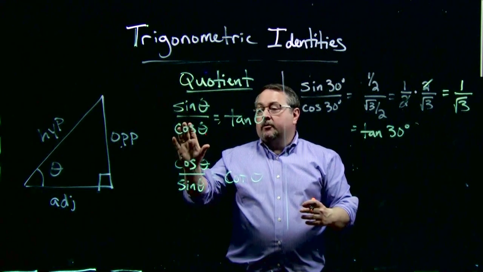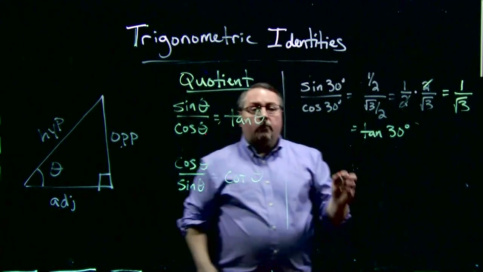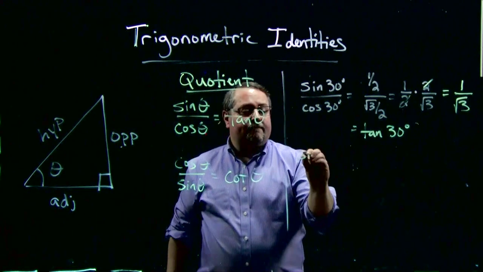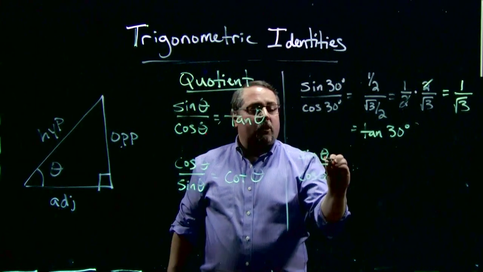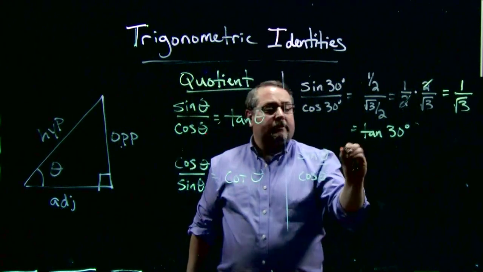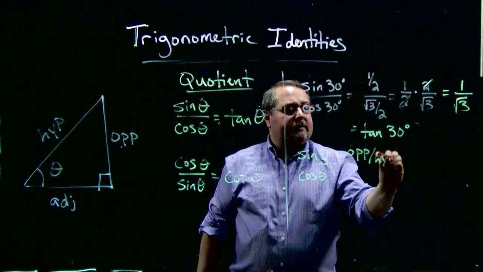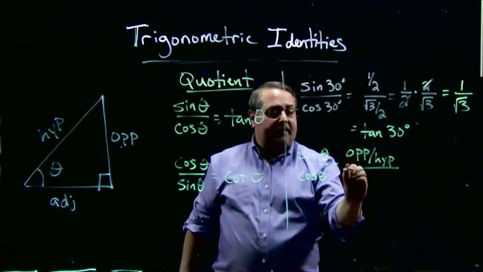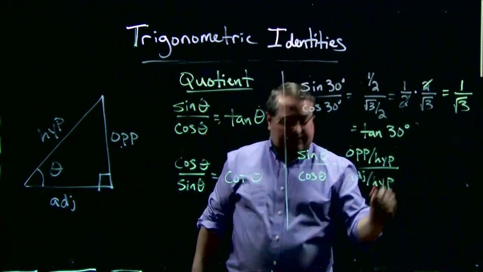If we want to use our right triangle definitions, we can use the fact that sine theta over cosine theta is opposite over hypotenuse divided by adjacent over hypotenuse.